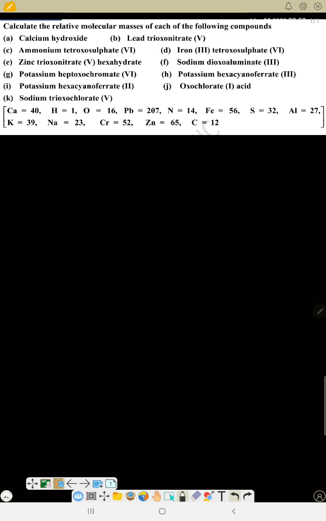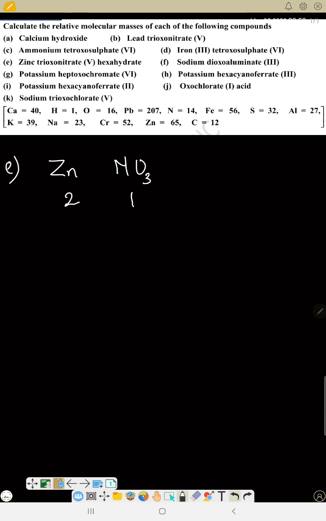So the next one, zinc trioxonitrate 5 hexahydrate. So zinc trioxonitrate 5, that is NO3, nitrate. So this will be minus, so that means the valency is 1.